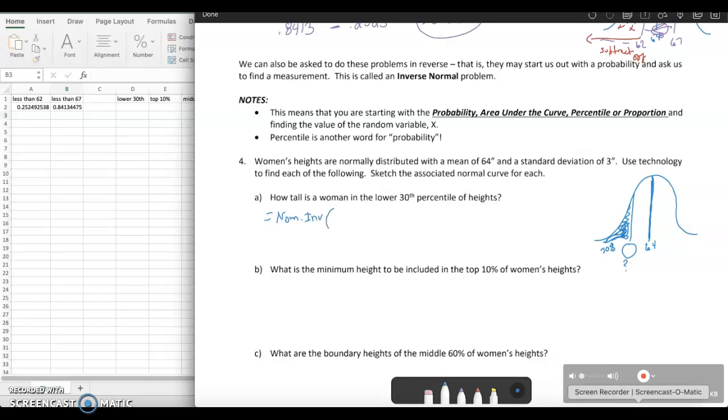The probability that we have, or the shaded area under that curve, is 30%, 0.3, with a 64 mean and a 3 standard deviation. And again, Excel only works these in the less than direction. So if you are already looking for a less than direction, there is nothing additional that you need to tell it in order to do that.